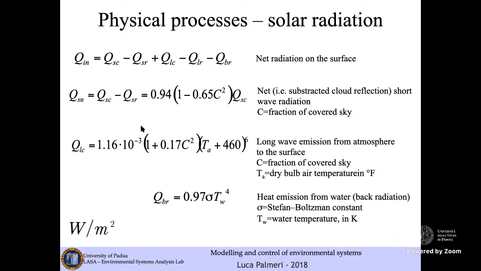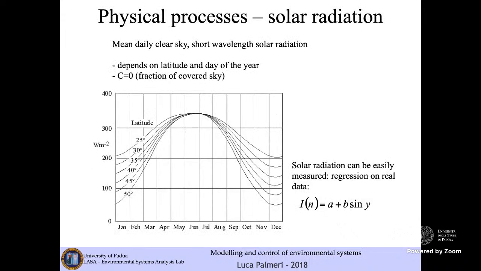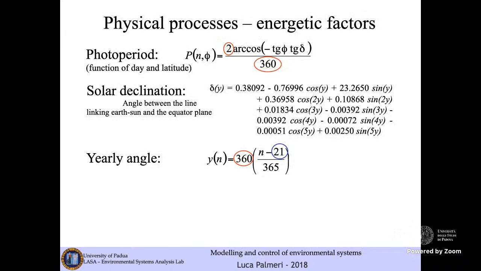So we have this model that subdivides the contribution to the radiation arriving on the planet, so that you may include the effect of the clouds in reducing the quantity of radiation arriving on the surface and coming from the sun.